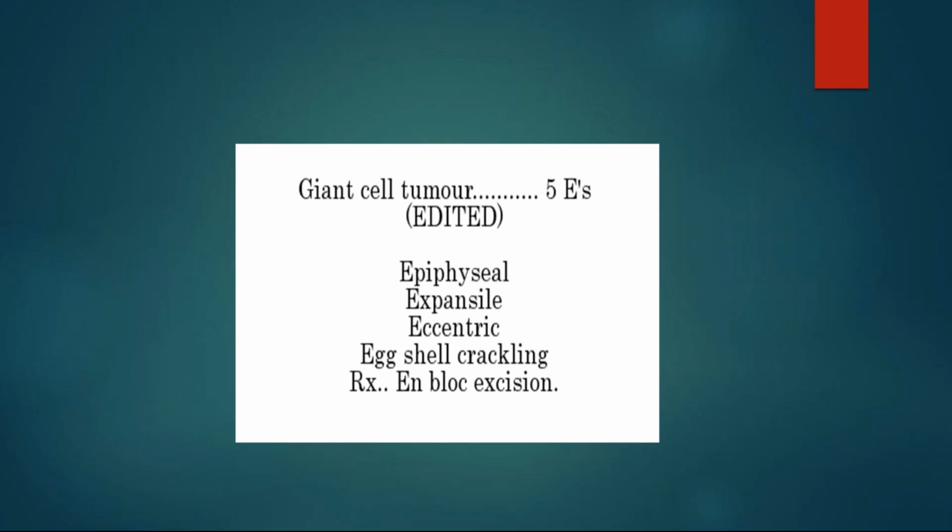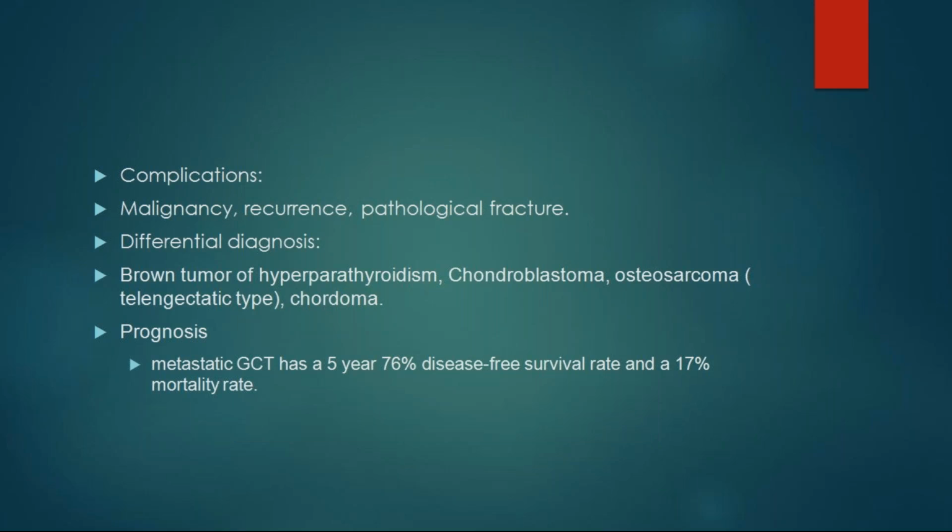Next one is complete resection and reconstruction, and final one is amputation. Coming to the complications, it may go into malignancy, pathological fracture can happen, and metastasis. Another important thing is differential diagnosis: brown tumor of hyperparathyroidism, chondroblastoma, osteosarcoma, and chordoma.